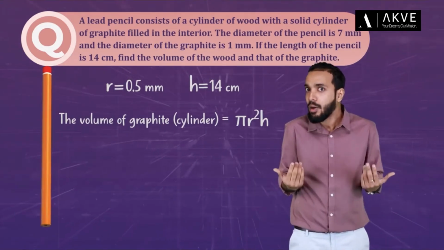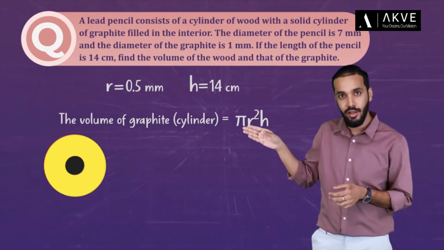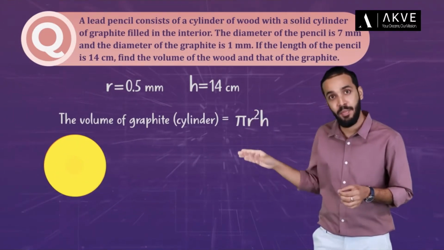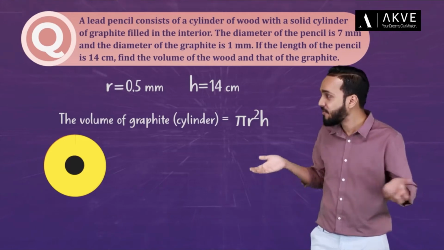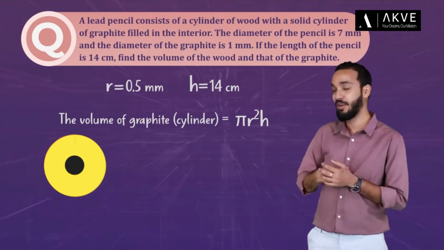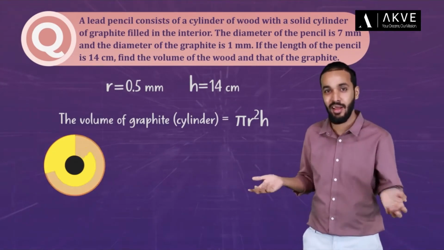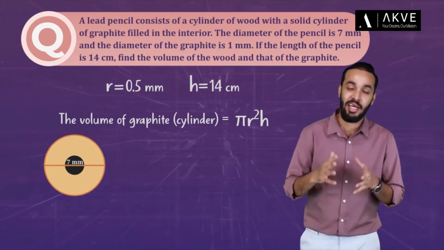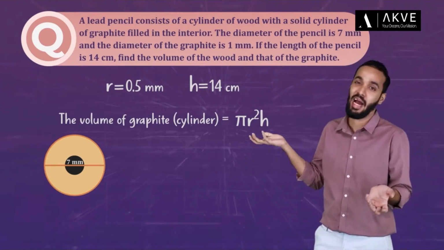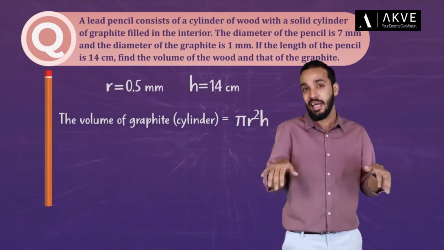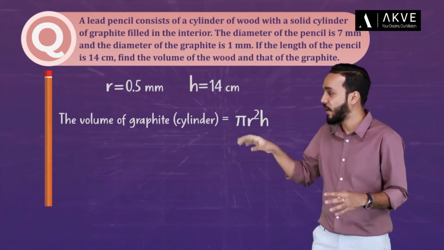But how do we find the volume of the wood? Isn't it intuitive? We just find the volume of the complete pencil and then subtract the volume of the graphite. Makes sense, right? And finding the volume of the complete pencil isn't a challenge at all. The diameter is given, so the radius can be found by halving the diameter. And the height is of course known. See, the question is practically solved again.